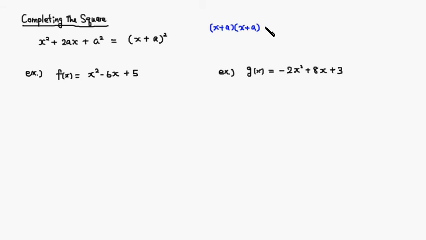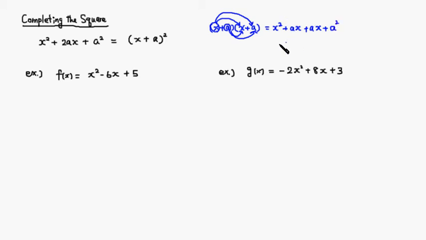Then you can just multiply out. x times x gives you x squared, x times a gives you ax, a times x gives you another ax, and a times a gives you a squared.